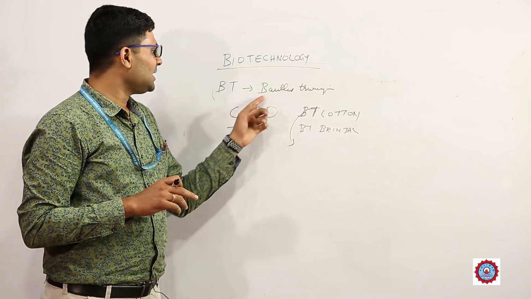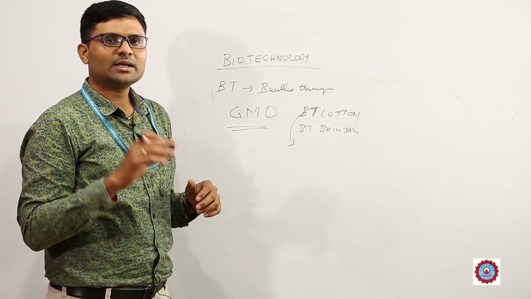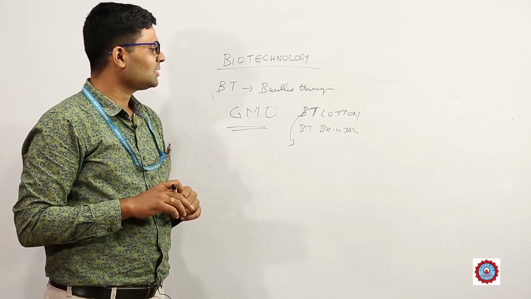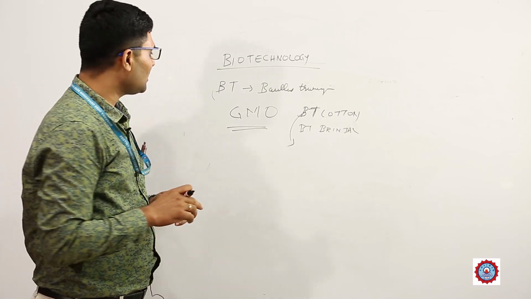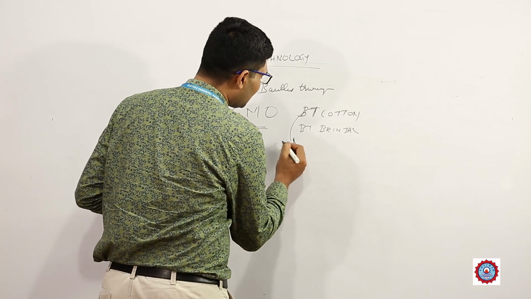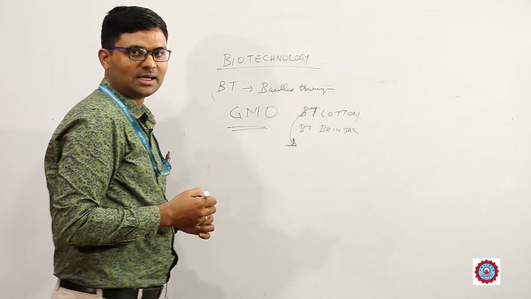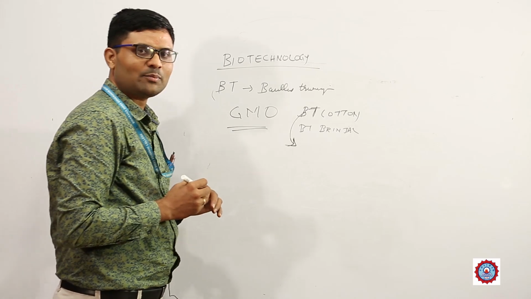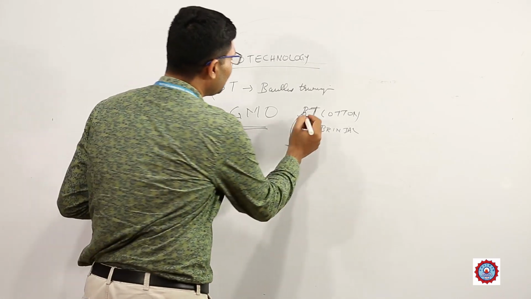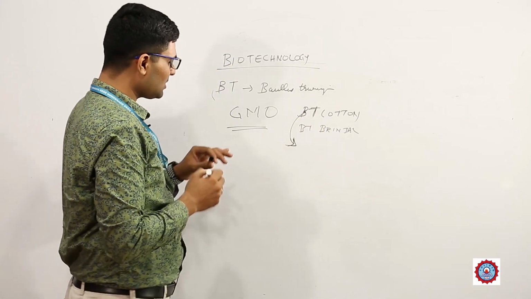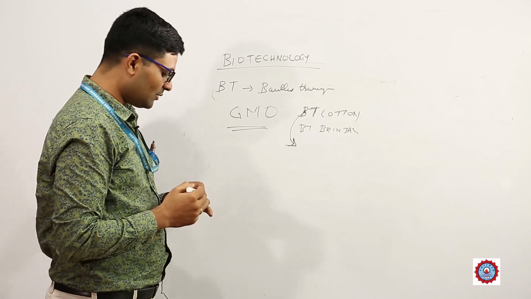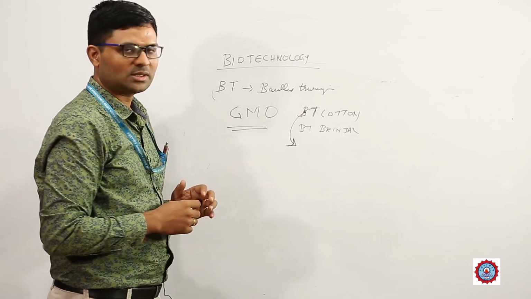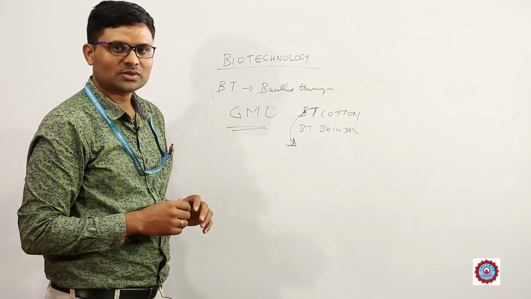The bacterial gene goes inside the insect, enters the gut, and kills it immediately.